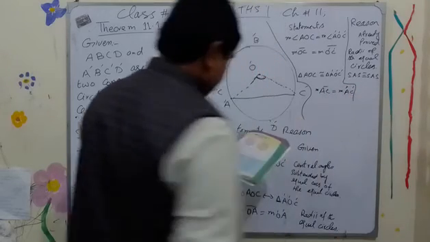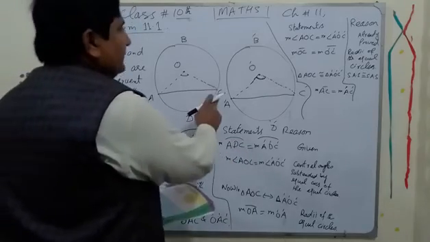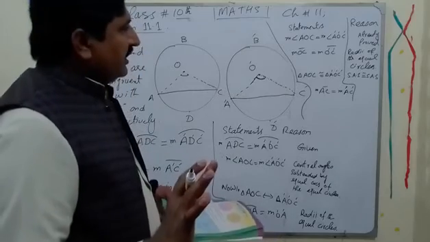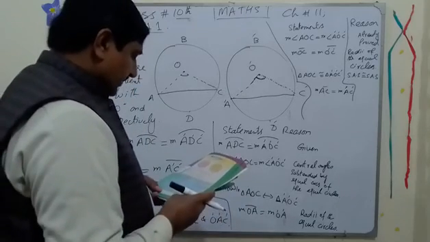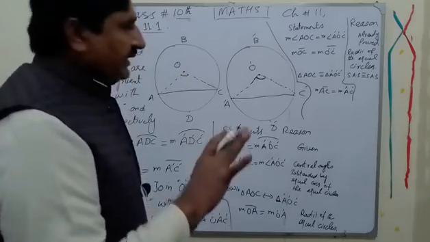So AC and A prime C prime both become congruent, both become equal in measurement, right? Similarly, you can prove the theorem in the same circle. This is our end. This is the proof.